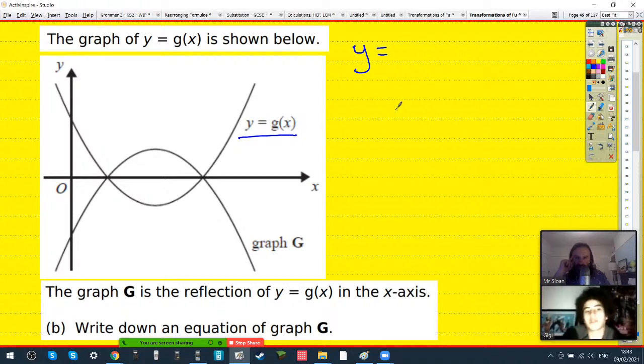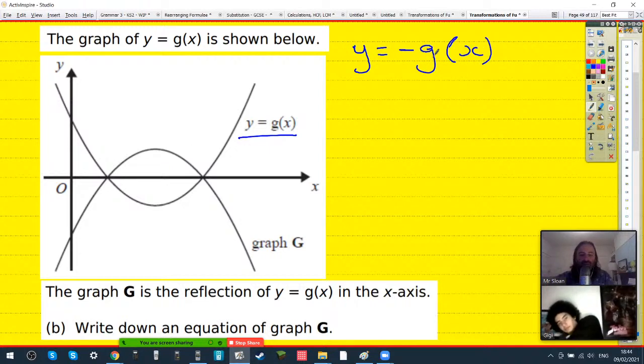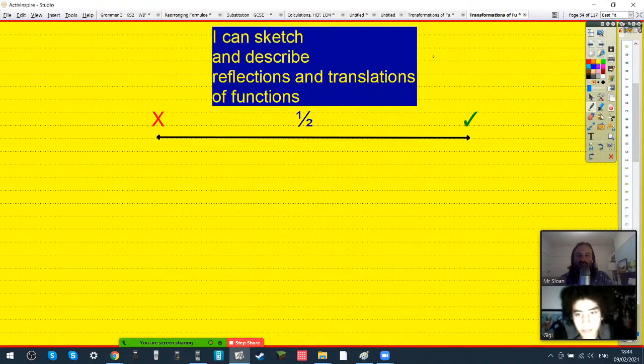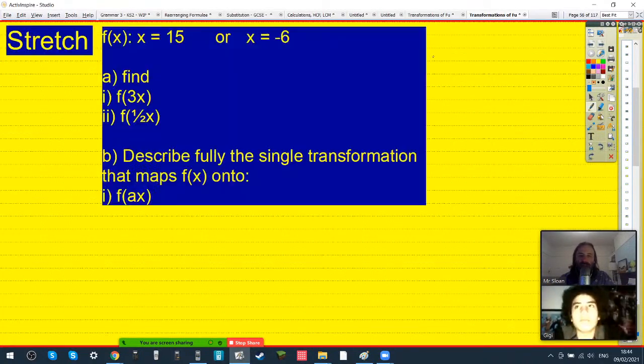Oh, y equals the g of minus x. That would be a reflection in the x direction. Oh, y equals minus g of x. Well done. It's outside the bracket because it's been brought to the other side. And then this weird stuff. Nah, I can't take any more of these reflections.